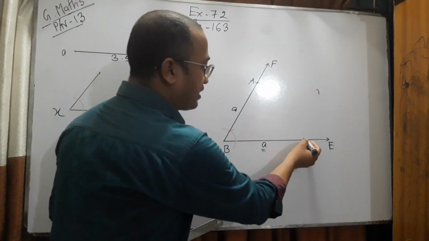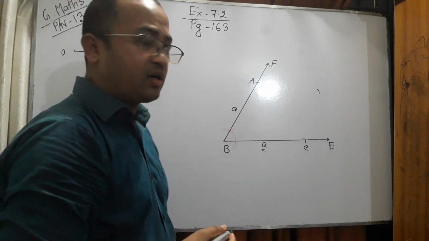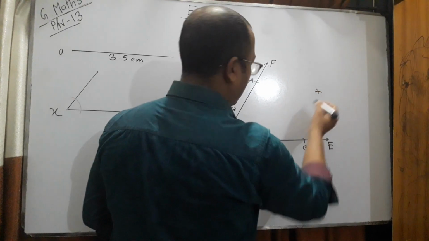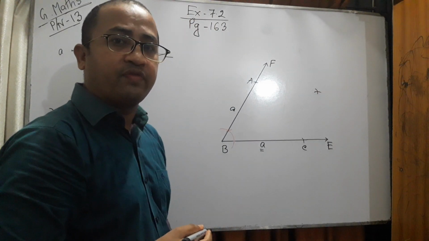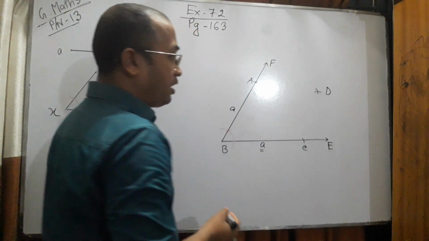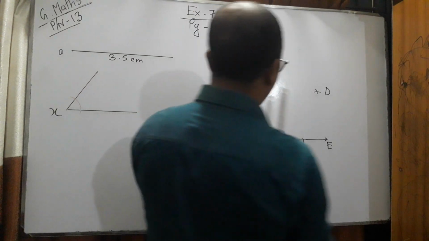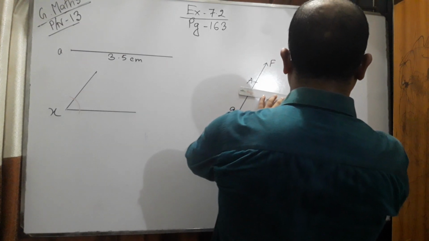Again, with center at C, with the same radius, we draw another arc in front of the angle B, which cuts the previous arc at point D. Now, we will join AD and AC.